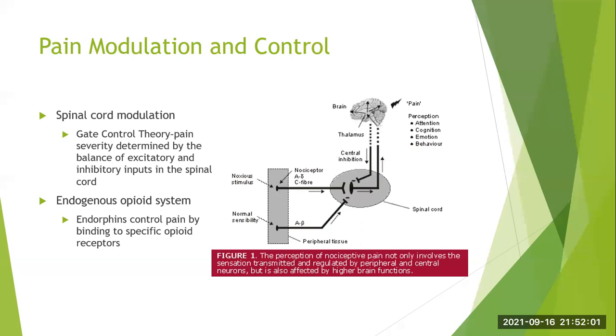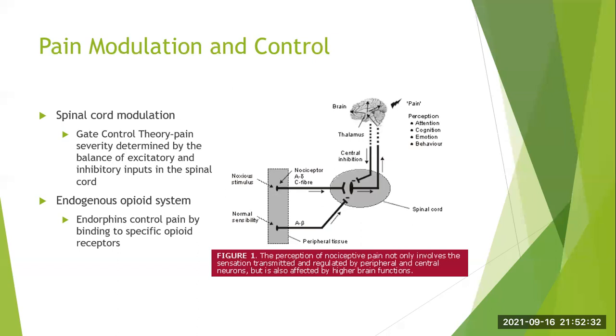So there are other anti-nociception, or pain control, pain modulation systems in the body. There are also pro-nociception pain elevation systems in the body, and we will talk more of those next quarter. But basically what we're going to talk about in this class is spinal cord modulation via gate control theory as ascending pain control, and endogenous opioids as descending pain control.